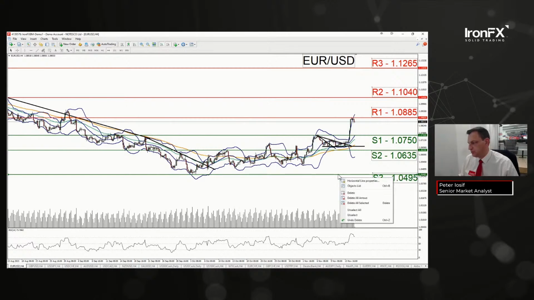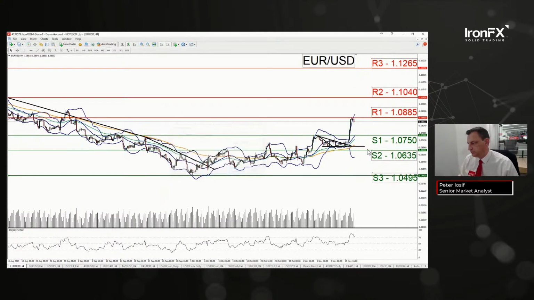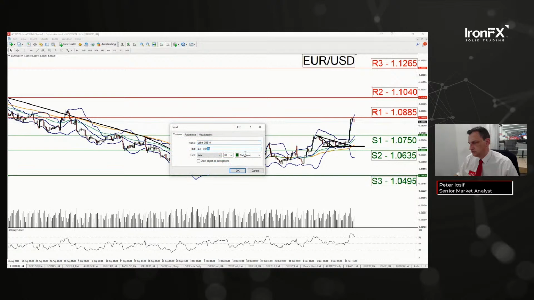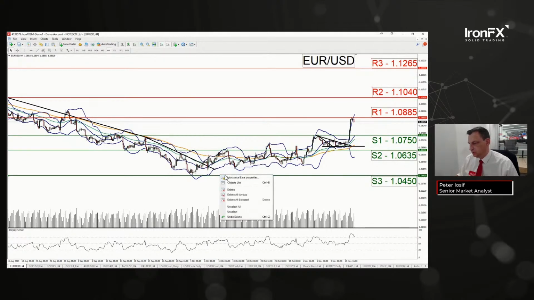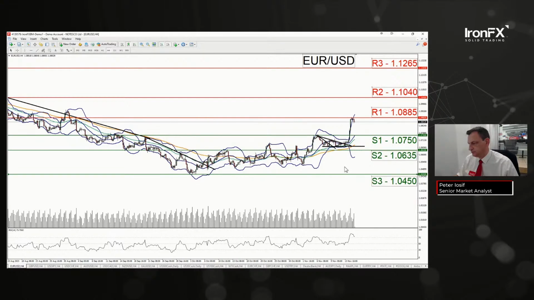And that would bring practically the S3 at 1.0450. Could go a little bit higher. Let's check it out. Yep.